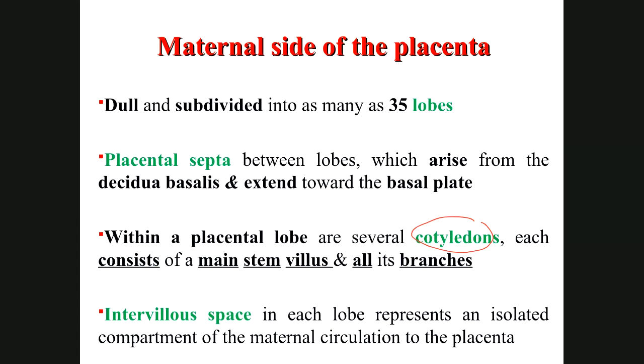If any of the cotyledons are missing, that can give rise to postpartum hemorrhage. So always inspect the placenta for any missing cotyledons, because each consists of a main stem villus and all its branches. We have to be careful at the time of delivery.